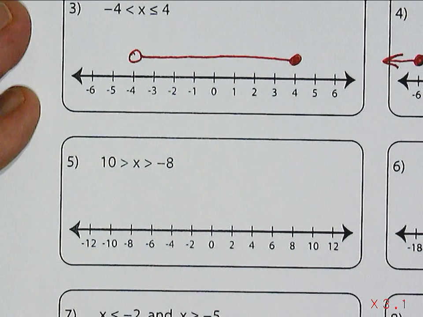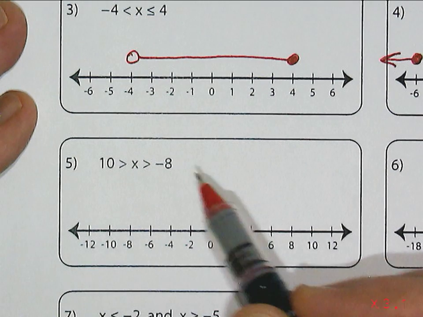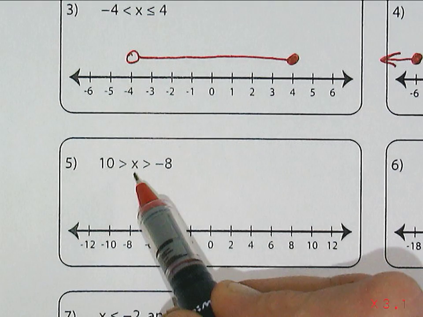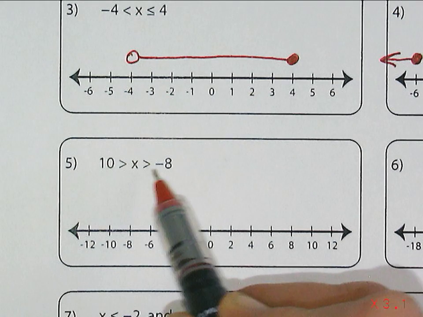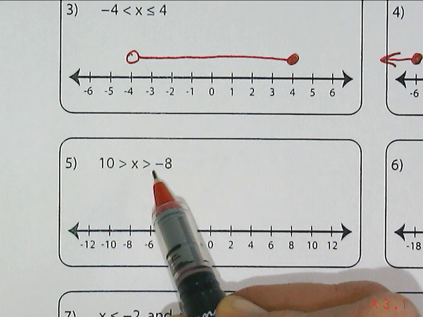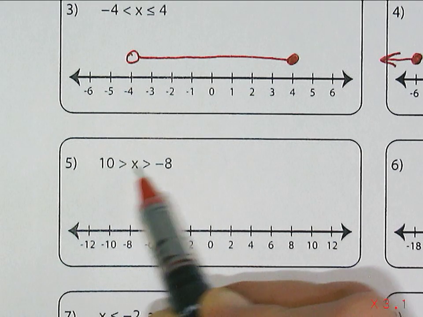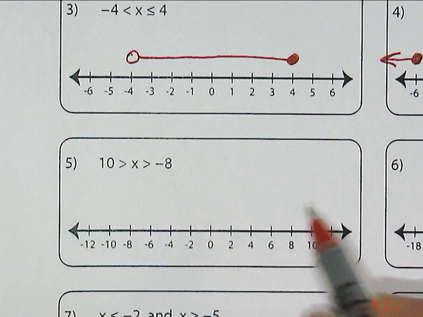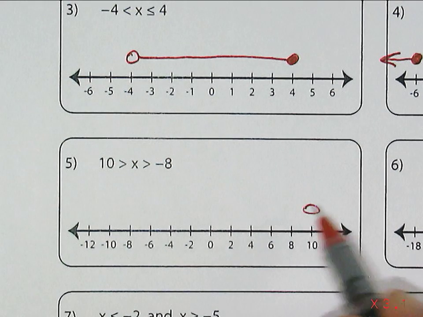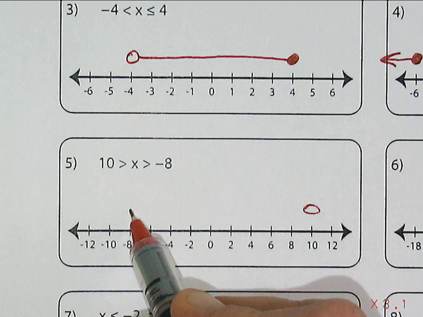Another example. Now this one's interesting because it says x is less than 10 and x is greater than -8. So think about where is x. It's between 10, less than 10, and it's greater than -8.